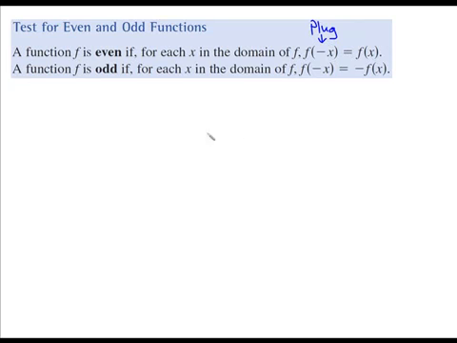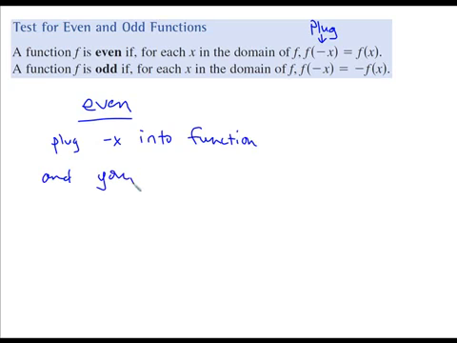The function is considered even if you plug -x into the function and your answer is the function. So you plug negative x into the function and you get back f of x. If you work it out and you get the function, that means that it's even.